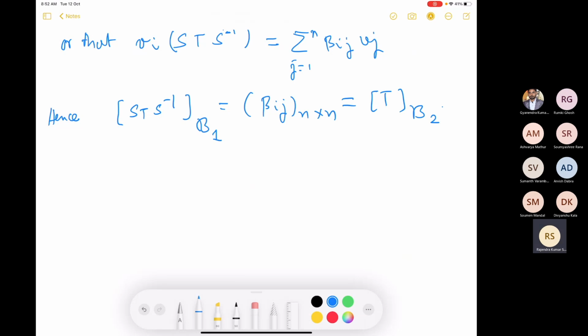Now recall that the map that takes T to its matrix with respect to the ordered basis B is an isomorphism.